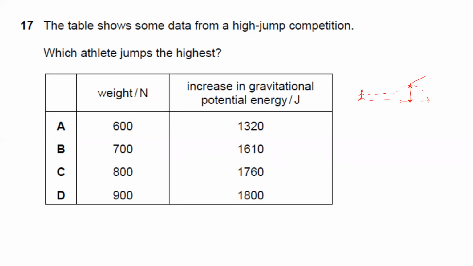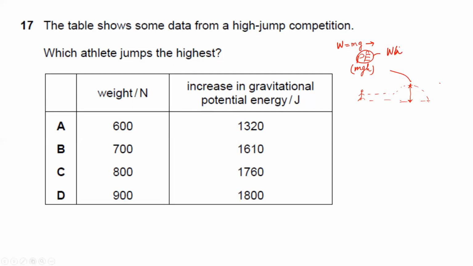At this point, the energy will be in the form of potential energy, and this potential energy can be calculated as mgh. The weight is given, and the weight is equal to mass into gravity. So this potential energy can be written as weight into height.